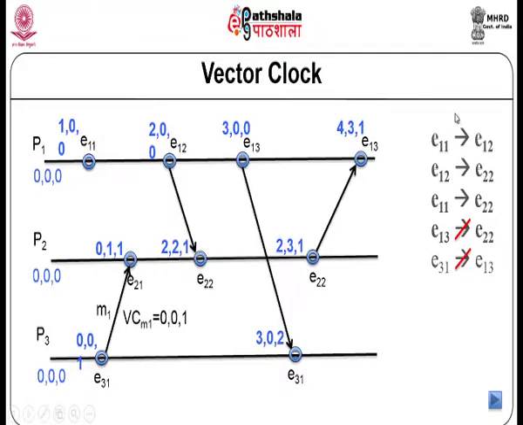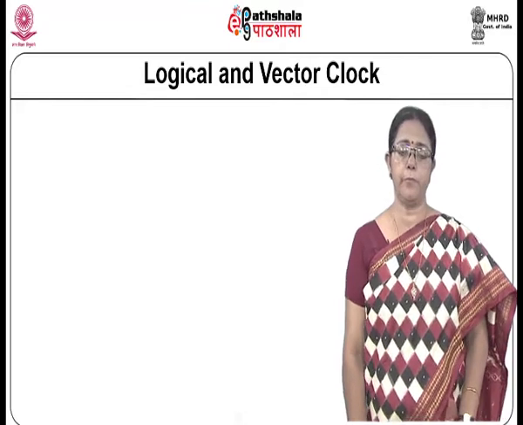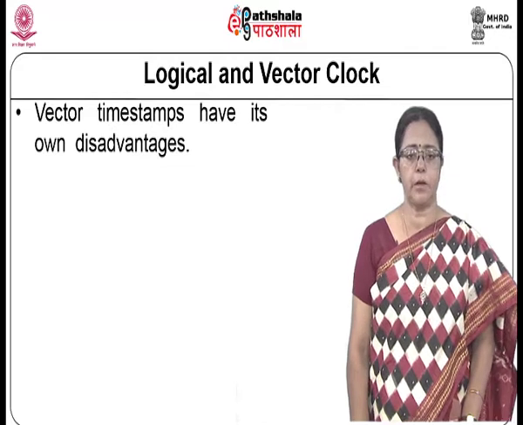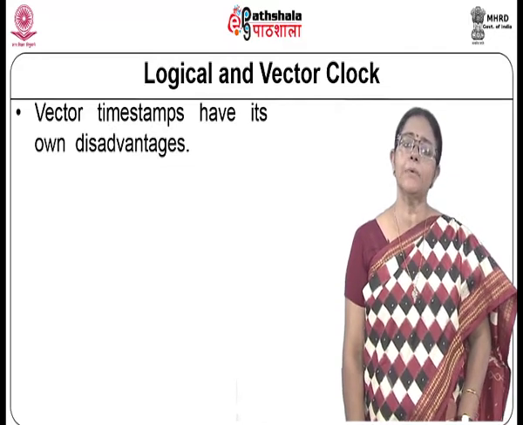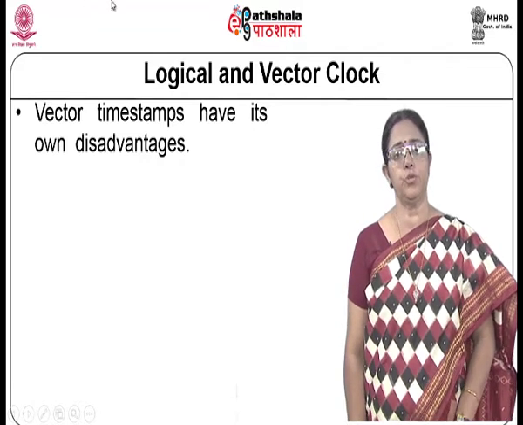And here we can clearly correlate the time, the vector time, and we can determine the happen before relationship. So, these are the two clock mechanisms that are used in a distributed environment and therefore in cloud. Each one has its own advantages and disadvantages, and we can decide which one to use.